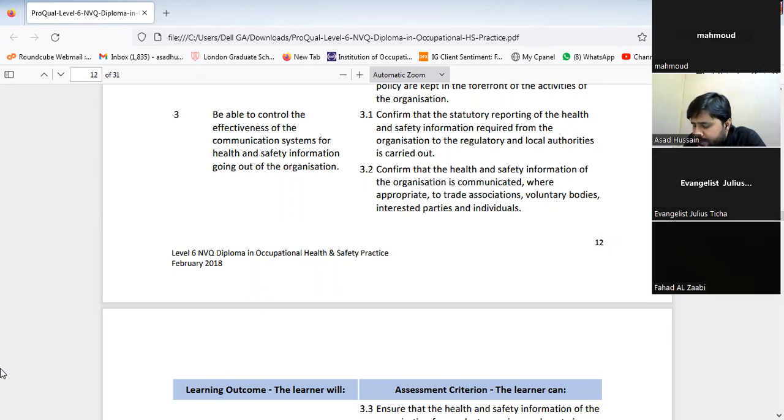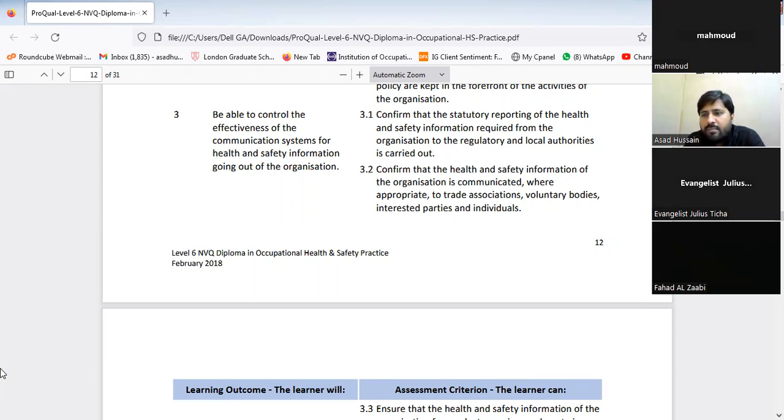Actually, as per the companies, every 3 months, quarterly, they are submitting a report for the authority. Here we have the government center. So quarterly we are submitting a report for all the incidents, LTIs, any dangerous occurrence, MTC, whatever is happening in the company.